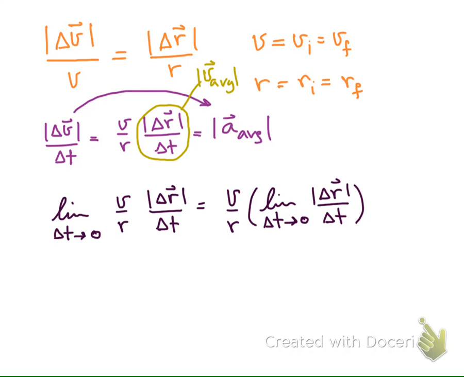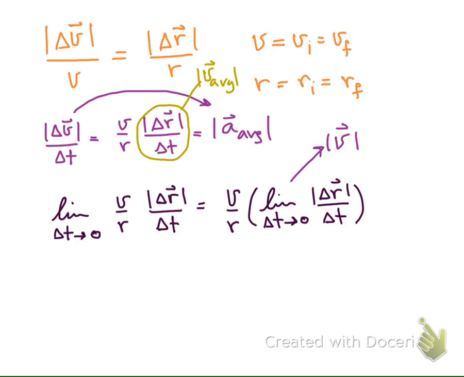And when you look at this term, the limit as delta t approaches 0 of the magnitude of delta R over delta t is nothing but the magnitude of the velocity, right?